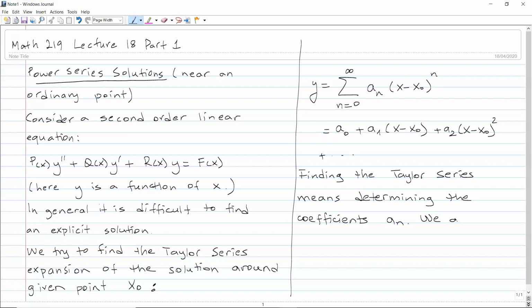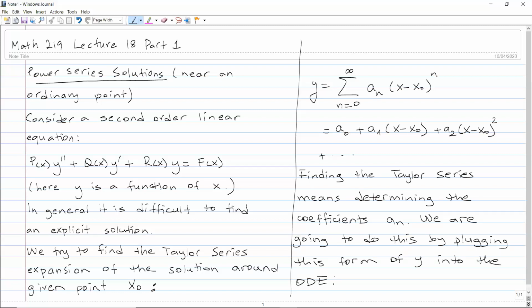We are going to do this by plugging this form of y into the differential equation, the ordinary differential equation.